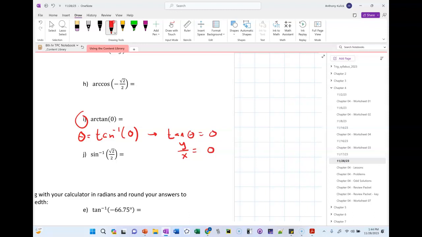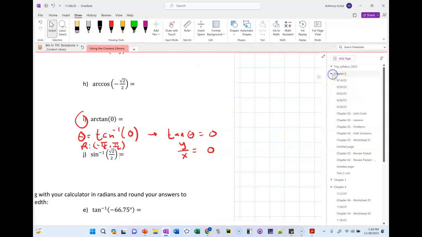So where am I going to be searching for the y and x that divide to give us 0? Am I given an interval to solve this over? No. So I'm going to be using the range for tangent inverse, which I know is negative pi over 2 to positive pi over 2. So I'm going to be looking in quadrants 1 and 4 for a place where the y coordinate needs to be 0, but the x could be anything.